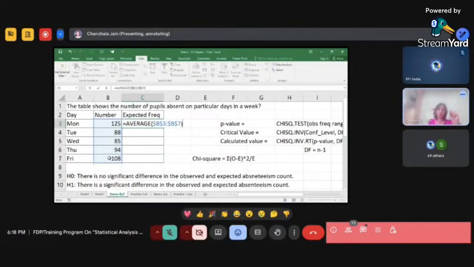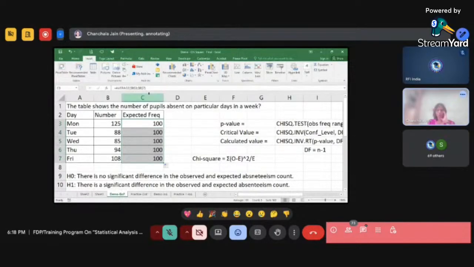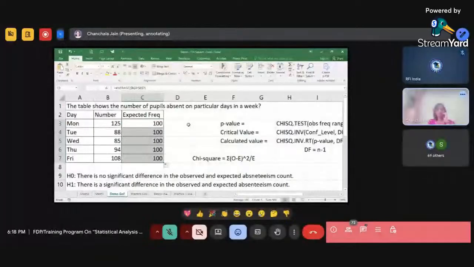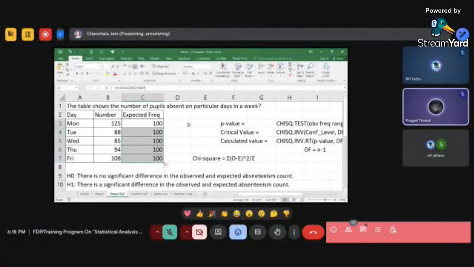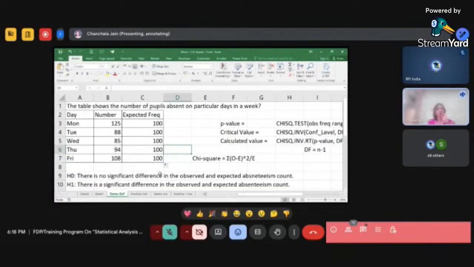Or if you wish, you can manually put a $ sign to freeze the range. Then I can drag it also. You can see I'm getting 100, 100, 100. Fine, everyone. I think everyone has got the expected count. Now shall I go for performing the chi-square test here?